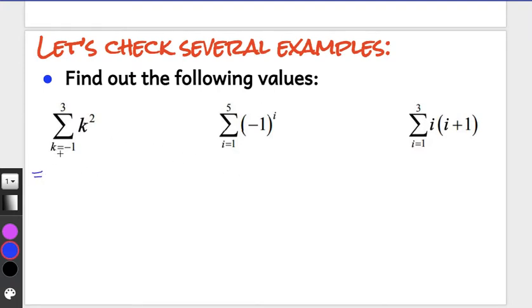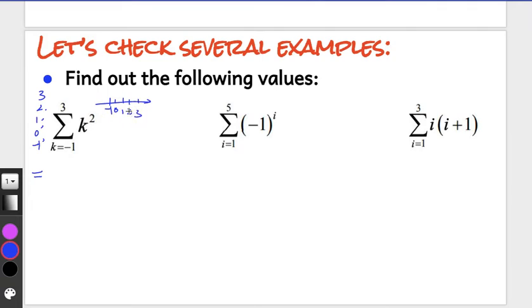So the first one, we know k starts with -1 and then ends at 3. So that means it's going to go -1, then 0, 1, 2, 3, right? It's just like when you look at the numbers on the number line. This is how to do it.